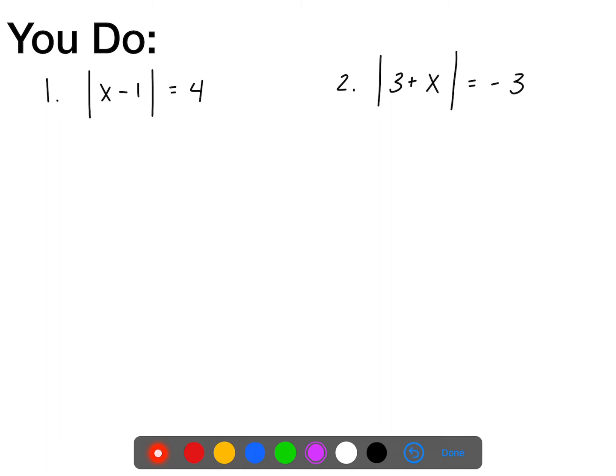What do you do first? You take it out of the mix. Yeah, take it out of those absolute value, make two equations.